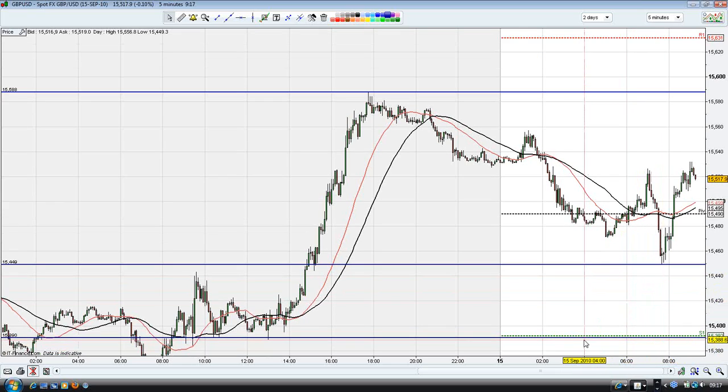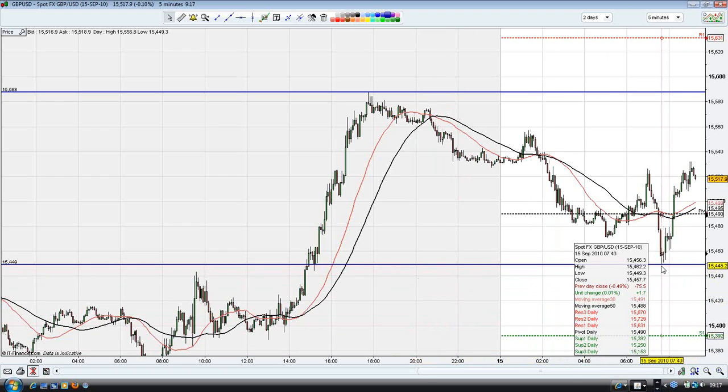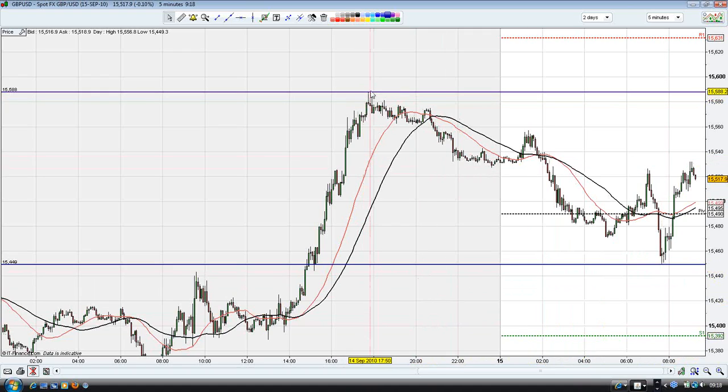So instead of now using the first support or the first resistance to trade, we can now move our orders to just below the most recent low of the market to sell, or just above the most recent high of the market to buy.